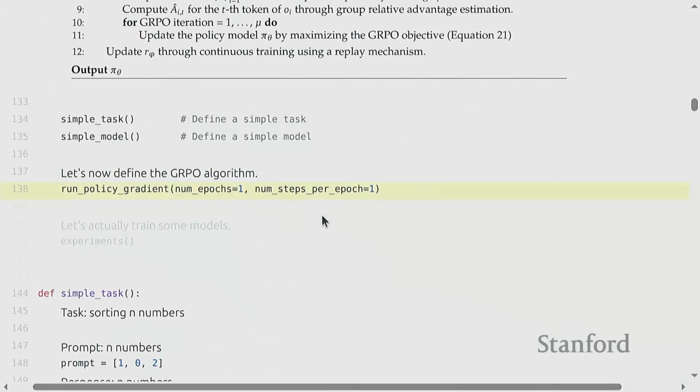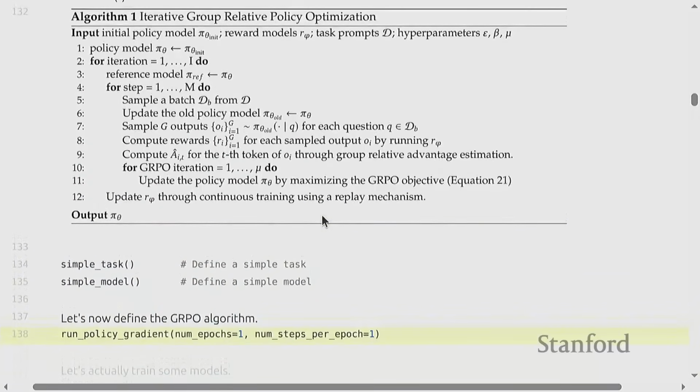Okay, question? Why don't we do KL divergence between the old policy and the latest policy instead of doing it against the reference? The way to think about this is, remember how we said we define an objective function in reinforcement learning and we optimize it.